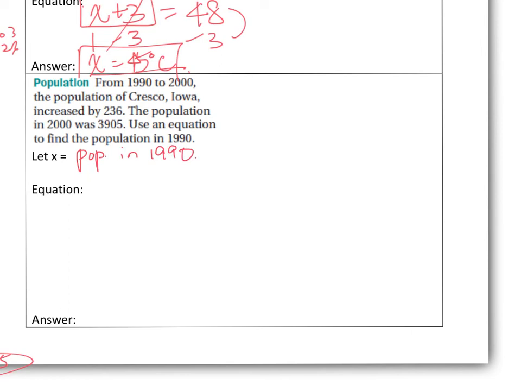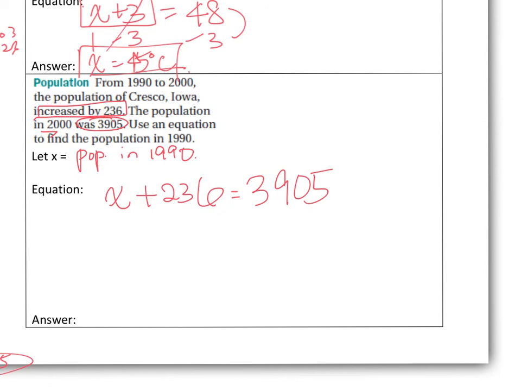It tells me that the population increased by 236. So I'm going to take x and add 236, and in the second sentence, it tells us that the population in 2000, or the final count, is 3905. You can put that on the second part of the equation.